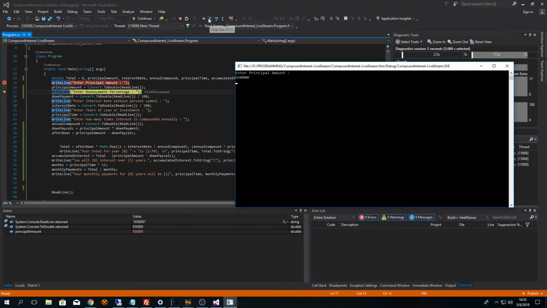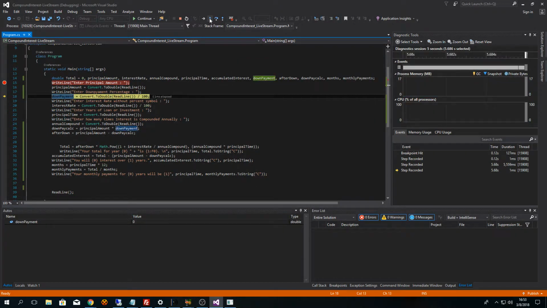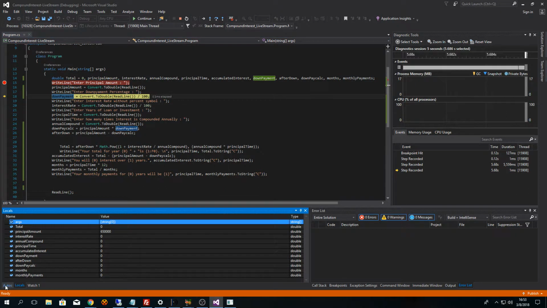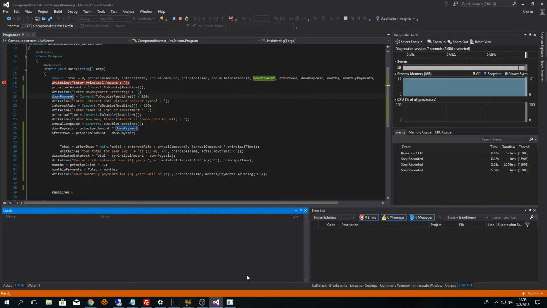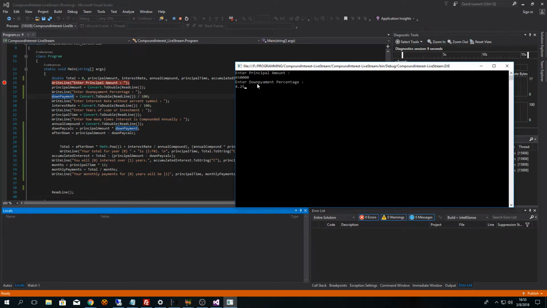And that's about it. Then we'll hit step into again. And as you can see, principal amount has changed to 650,000. So the next thing we have to do is type in our mortgage rate of 4.25. Again, I have to hit step in for the text to show. Enter.